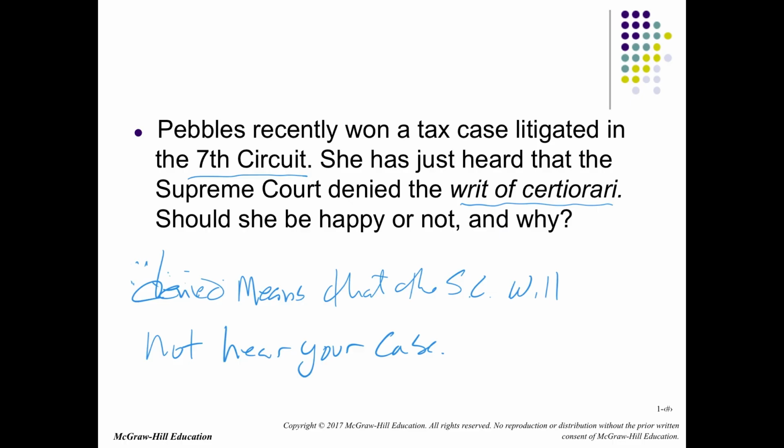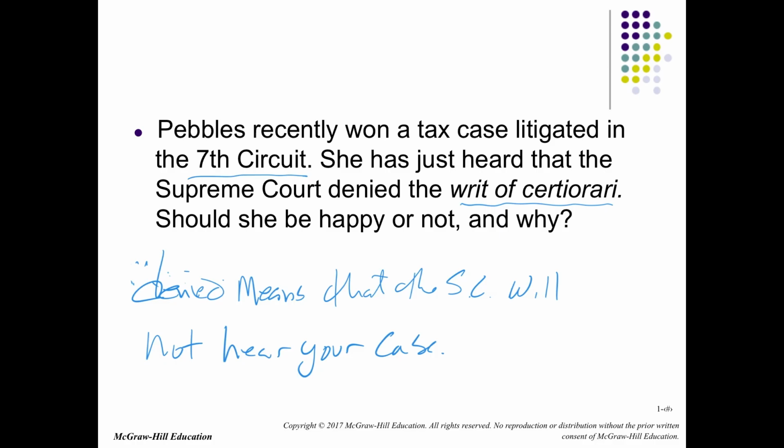Obviously, the Supreme Court is very, very busy. There are lots of important cases waiting to be heard. So in order for a tax case to make it onto the Supreme Court's docket, it has to be a new issue, and it has to be an issue that has the potential to impact a very large number of taxpayers.